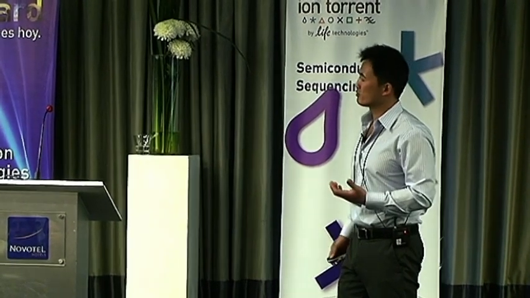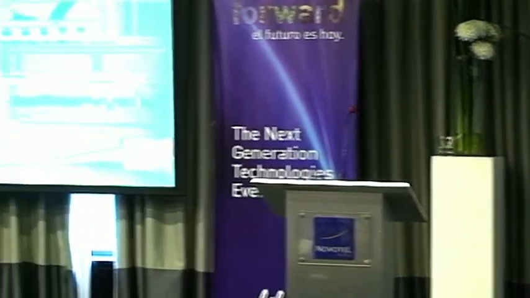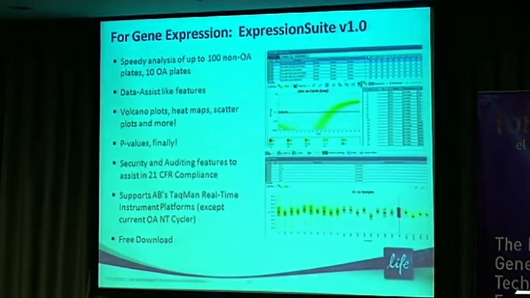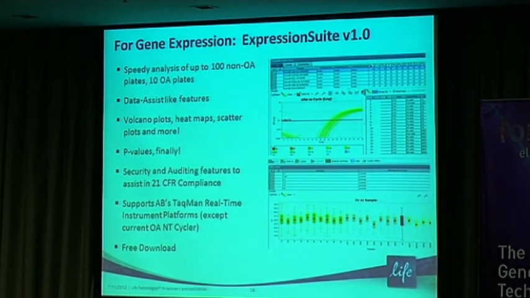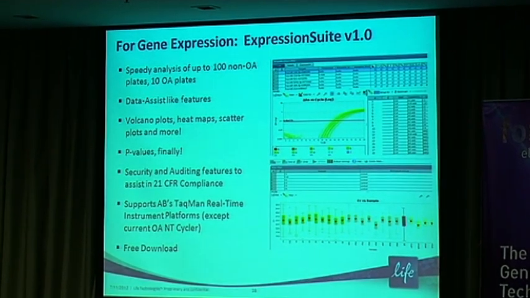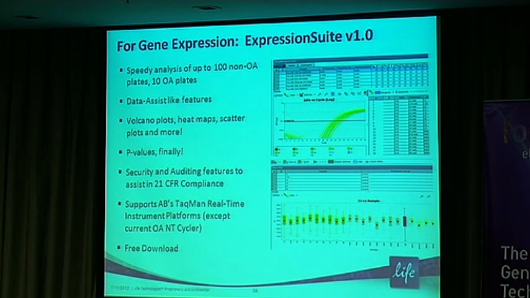Expression Suite software, the really nice features of this are that we had a lot of tools built in for correlation plots, volcano plots, looking at p-values and correlations, heat maps, basically for screening. This is very important because imagine when you're looking at, let's say, hundreds of targets simultaneously, right, across dozens of samples.